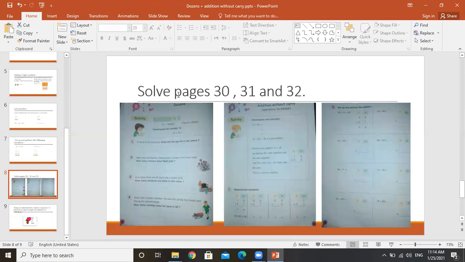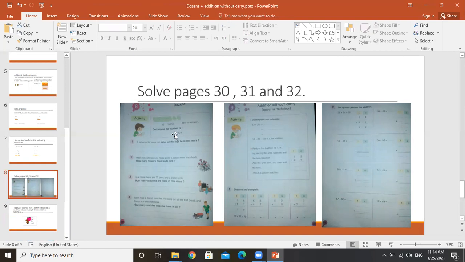I want you also to solve pages 30, 31, and 32 in your math book. In page 30, we have to decompose the number 12. Decomposing means breaking the number into tens and units.